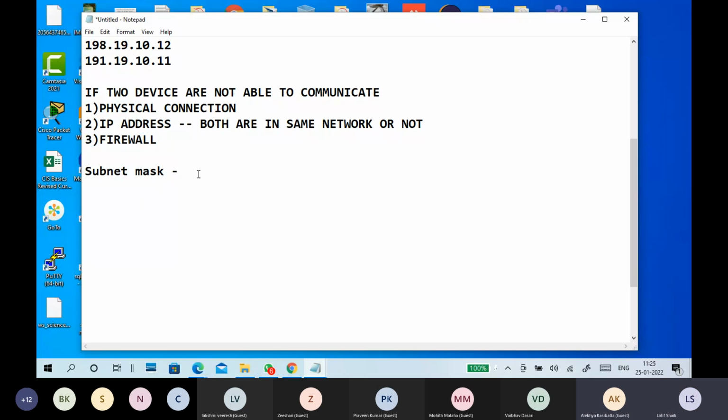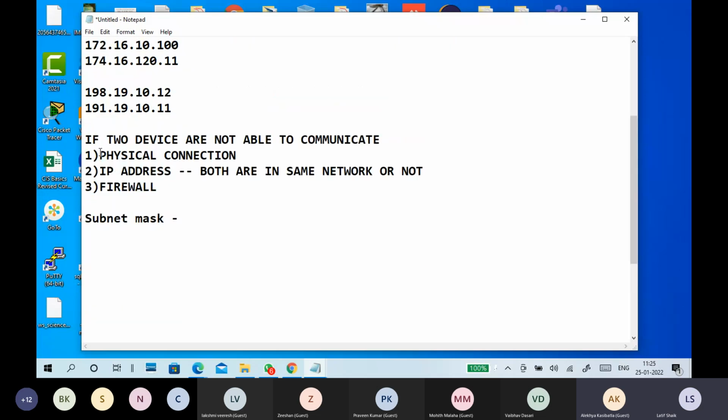It's basic troubleshooting. The important thing is to make sure that physical connectivity must be there. Guys, remember network is different from internet. Internet failure is different from network failure.